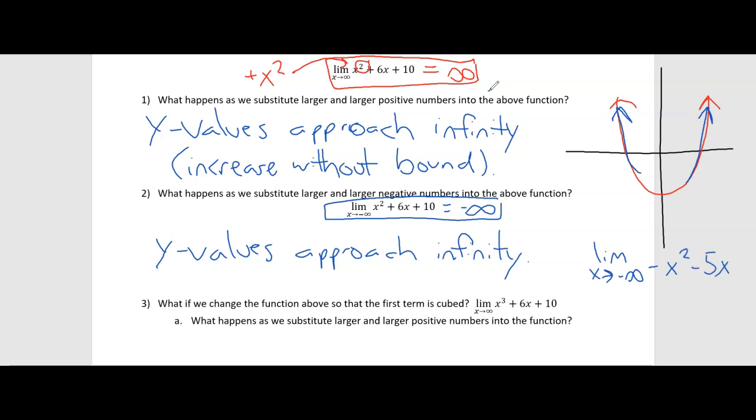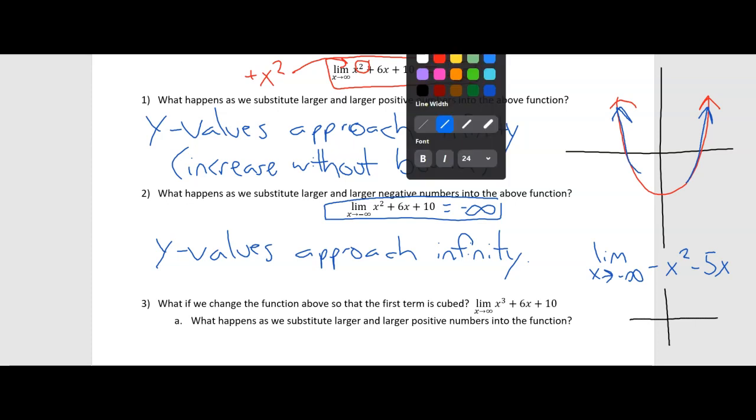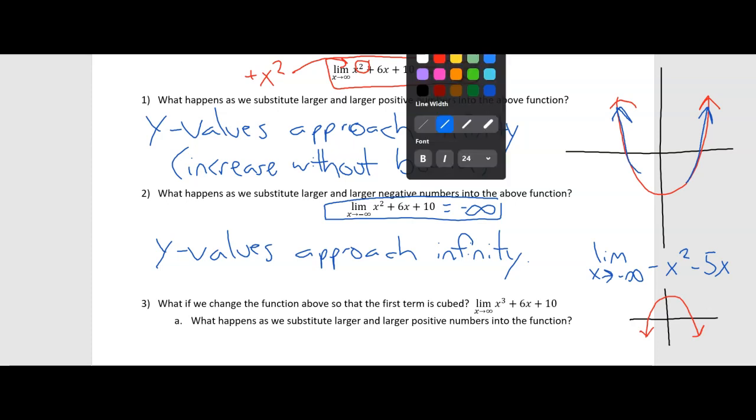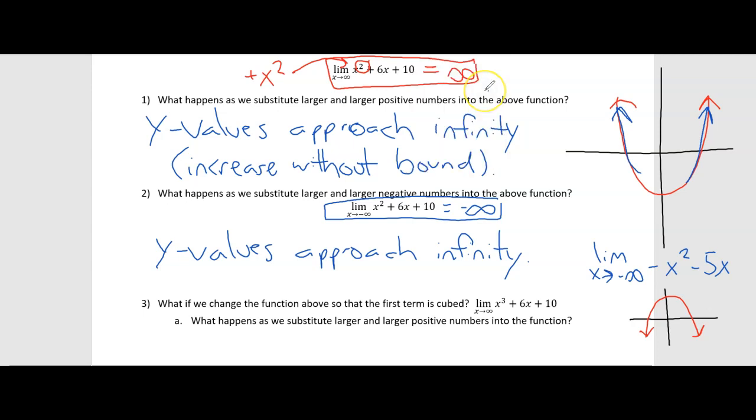So we could think about what the function is going to look like. This is going to be a parabola, but it's going to be opening downwards because that first term is negative. So the answer to this limit, it doesn't matter whether we were doing the limit at positive infinity or the limit at negative infinity. It's still going to be negative infinity.